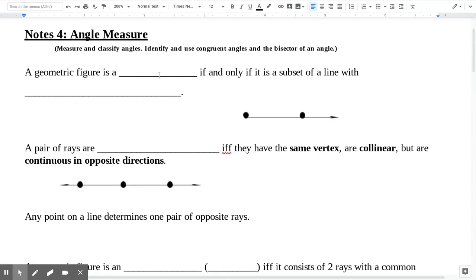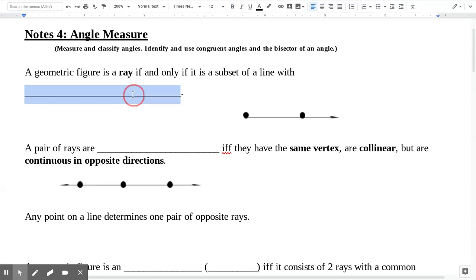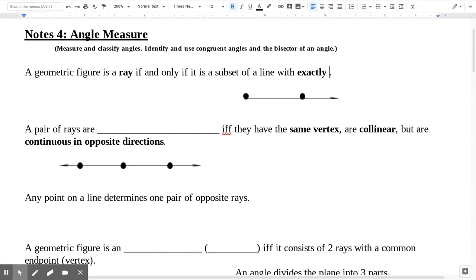So starting off with the formal definition, a geometric figure is a ray if and only if, I'll go ahead and bold that, it's a ray if and only if it is a subset of a line with exactly one endpoint.